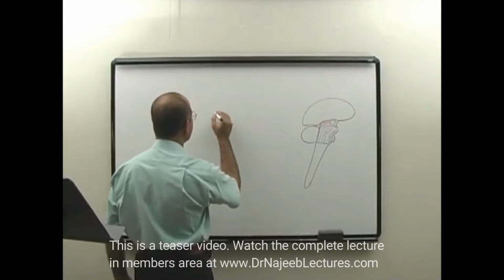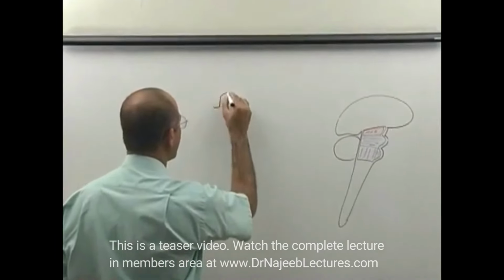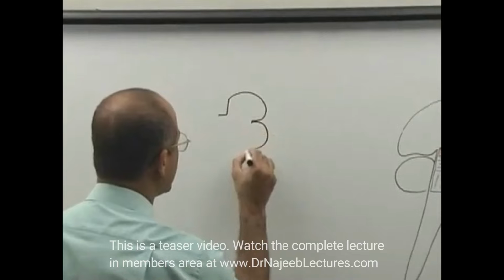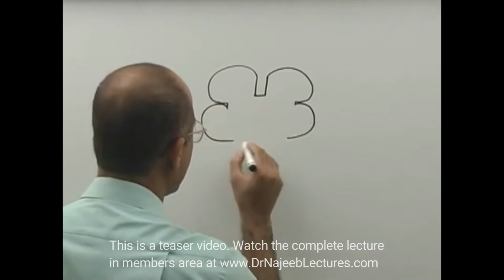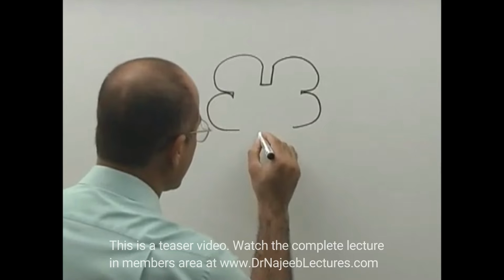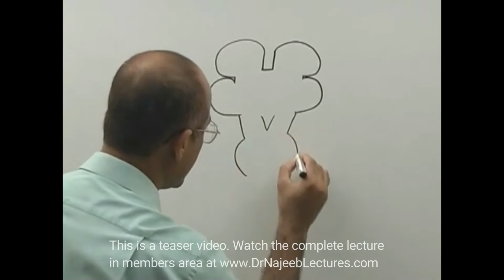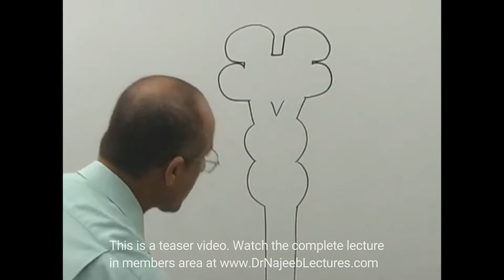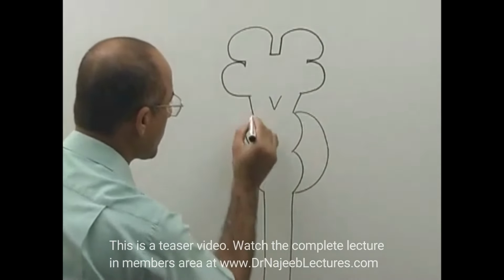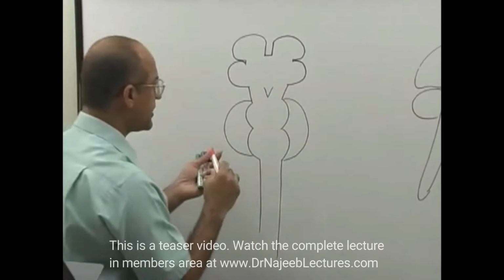If you look from the front, this is the cerebral hemispheres, and here are the pons and medulla. Now, the midbrain is this structure.